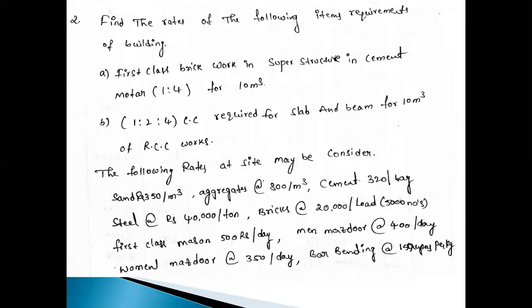Find the rates of the following items of requirements of the buildings. Write down. Find the rates of the following items of requirements of building. So here are given two items.